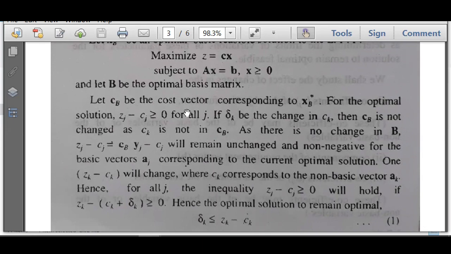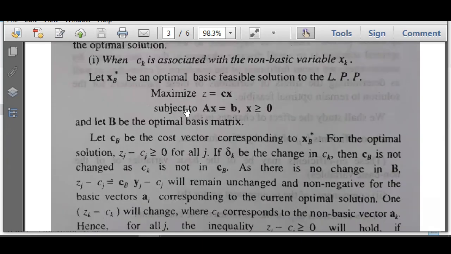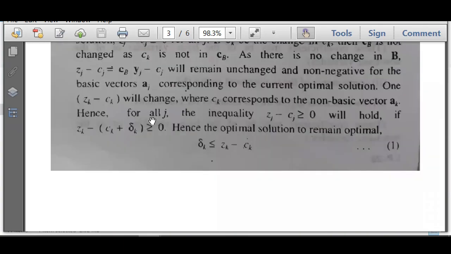I am giving a change to the ck constant, say c1 constant, then c4 constant, then c5 constant. So c1 changes to c1 plus del 1, c4 changes to c4 plus del 4, c5 changes to c5 plus del 5, like that. Correspondingly those zj minus cj will be changing.